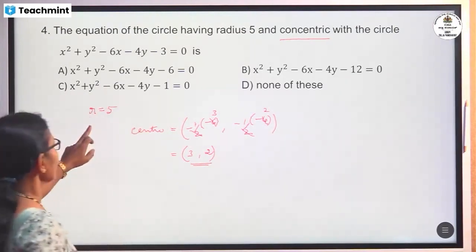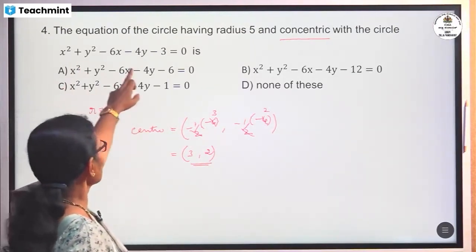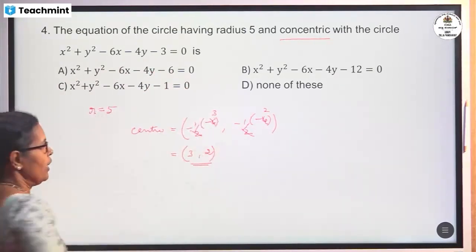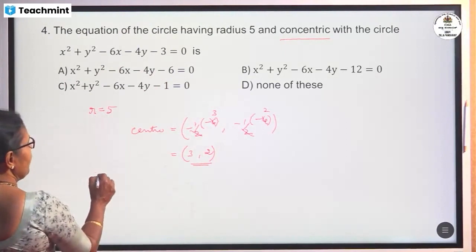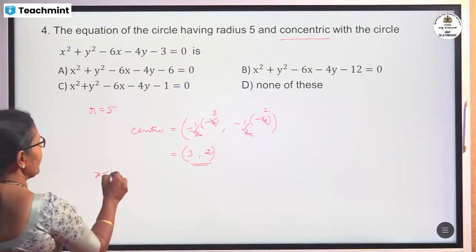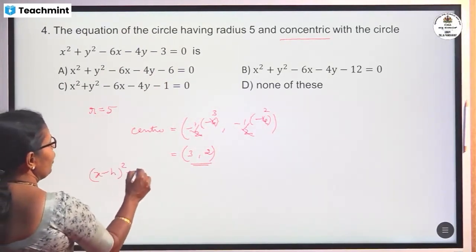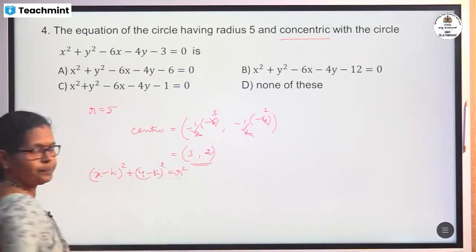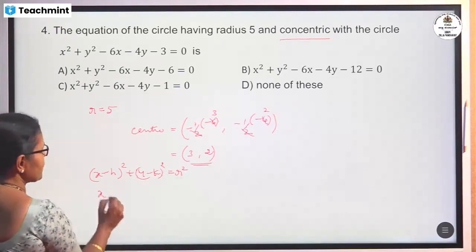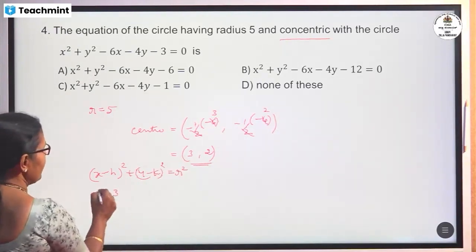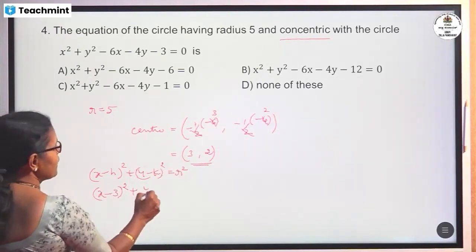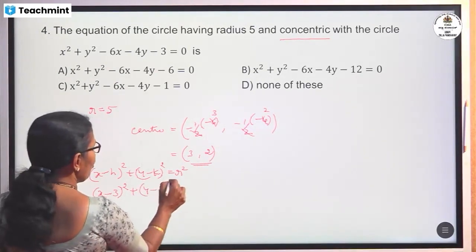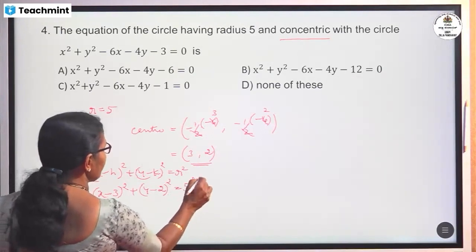Radius is already given. Therefore, the equation of the circle: we know that (x minus h) whole square plus (y minus k) whole square is equal to r square. Now, h means 3, so (x minus 3) whole square plus (y minus 2) whole square is equal to 5 square.